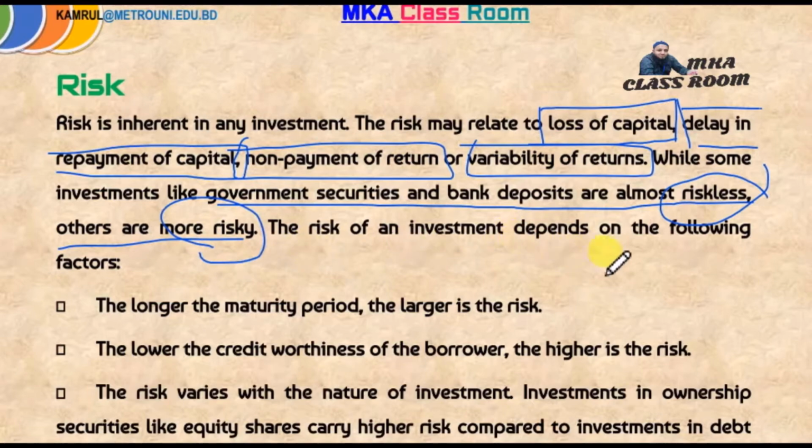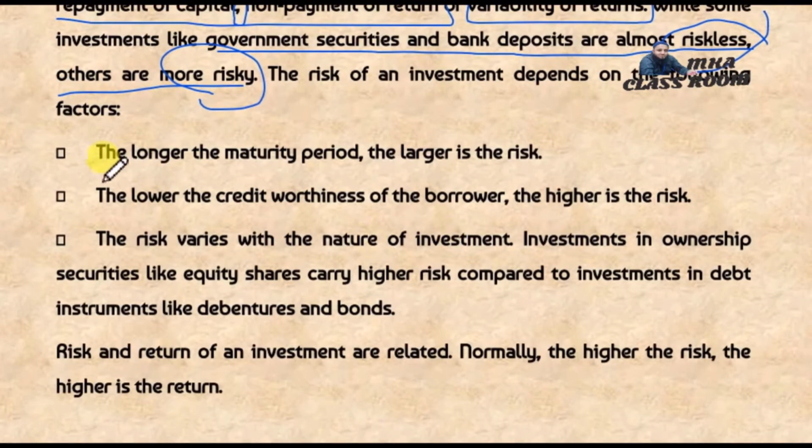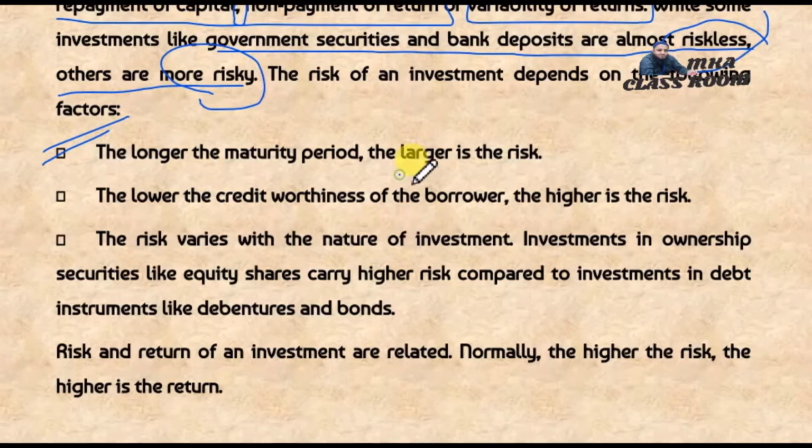The risk of an investment depends on the following factors. Number one, the longer the maturity period, the larger the risk. That means if our securities have a longer maturity period, they carry more risk.